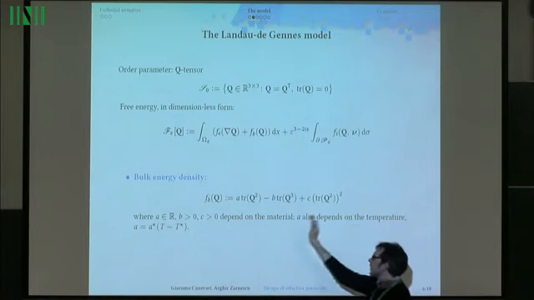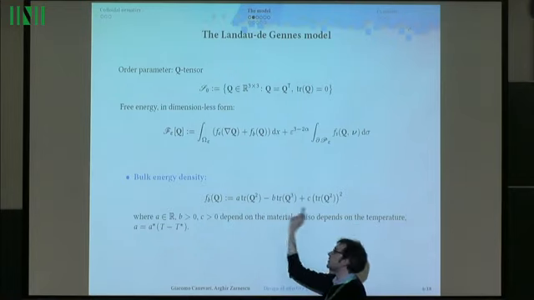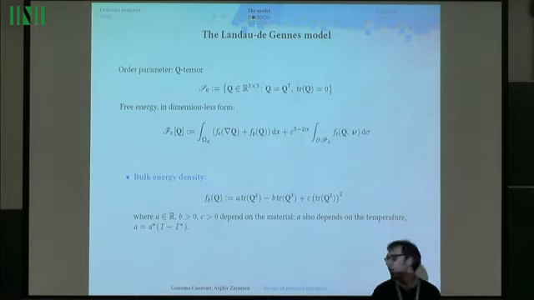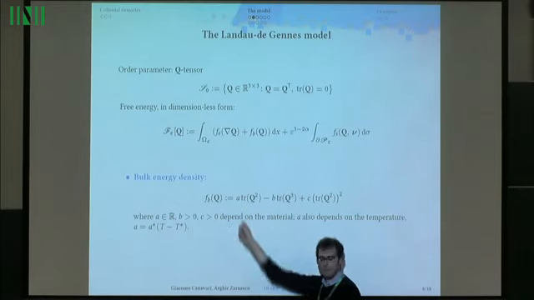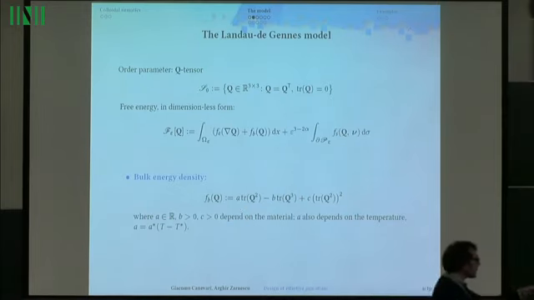We have these coefficients A, B, and C depending on the material, and A also depends on the temperature. So the dependence on the phase transition temperature is hidden in the coefficient A. This is for the bulk term, which is an integral over the volume.